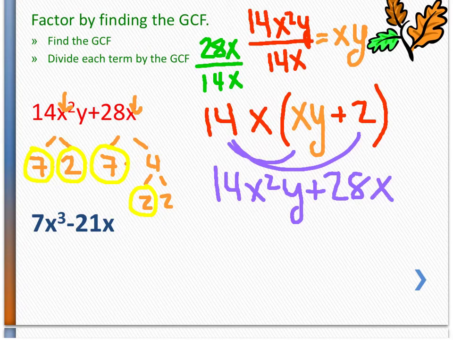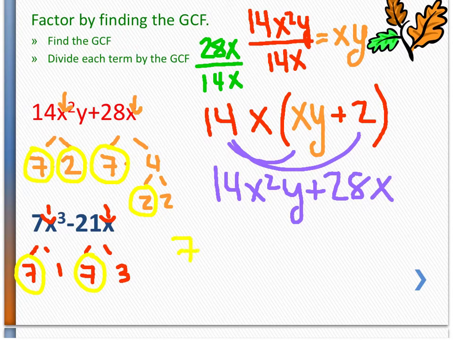All right, so let's do the same thing with the bottom. We have 7 times 1. We have, again, 7 times 3. Now, they both have an x in common. So my GCF here is going to be 7x. So I'm going to pull out a 7. I'm going to pull out an x. And what I'm left with when I divide through, well, 7x cubed divided by 7x is going to leave me with just x squared.